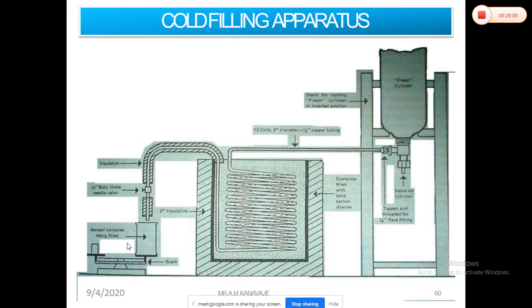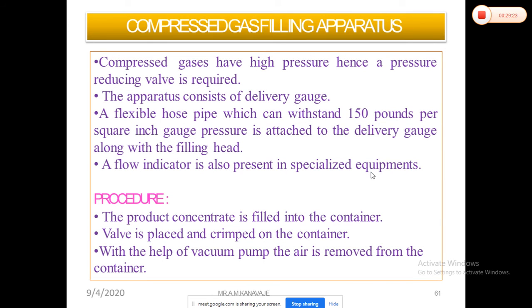Here is the aerosol scale, a balance. The amount that is required is automatically filled, and once it is filled, the valve will be closed.